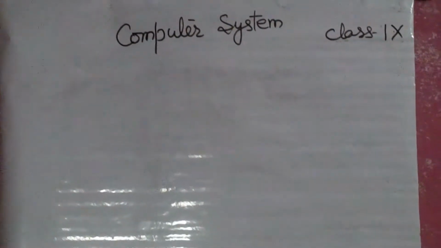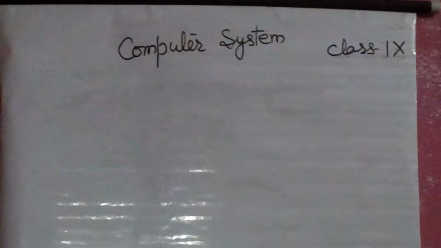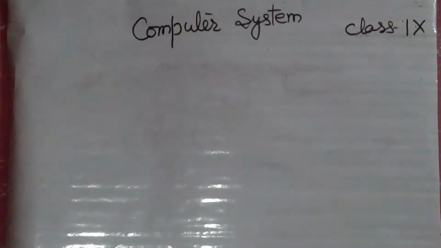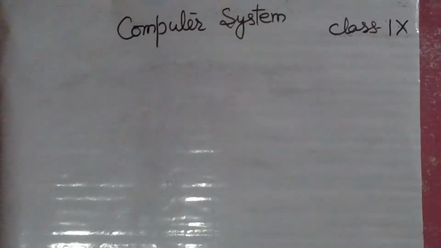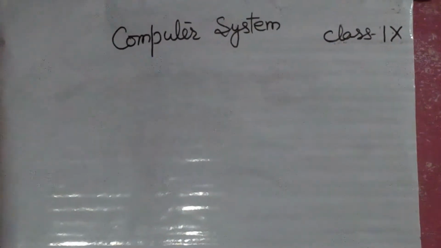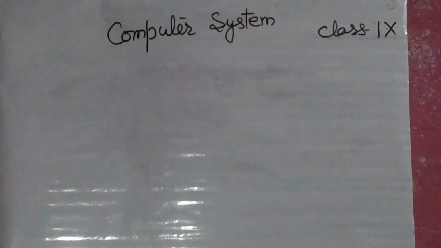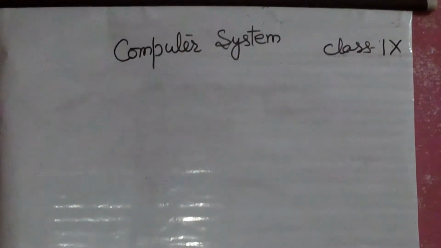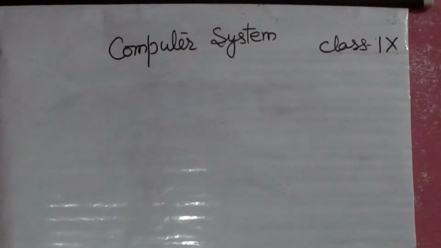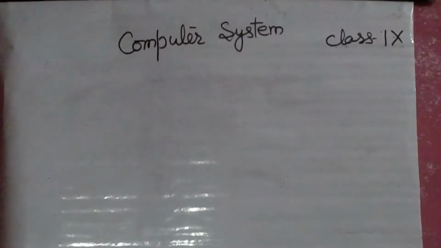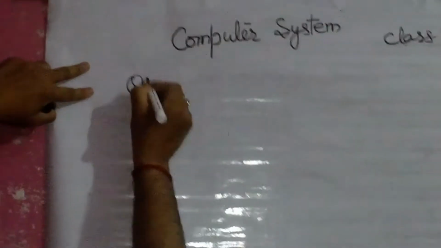In our last class, we learned about different input devices: keyboard, which is also known as standard input device, mouse, joystick, light pen, camera, MICR, OBR, OMR, OCR, and scanner. Different types of scanner we have discussed, and now we have to learn about the output device.